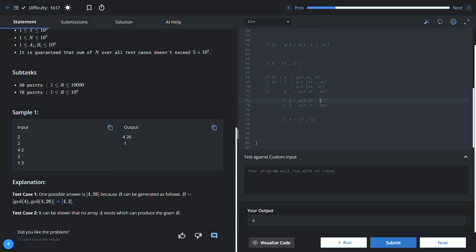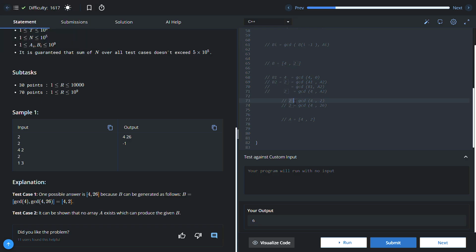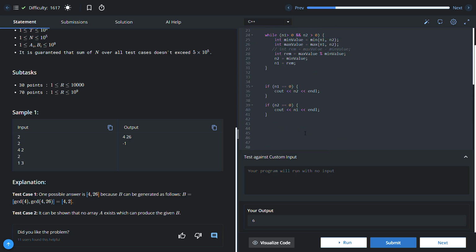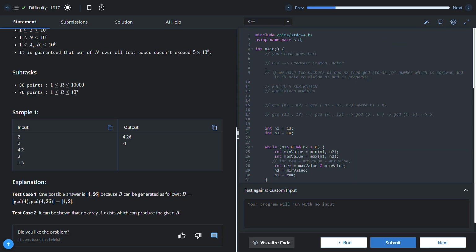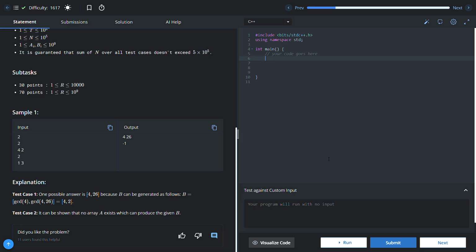So we can put here any number which is divisible by 2, so that if we find the GCD between that number and 4, we will get this 2 as an answer. Okay, so in code we have to rewrite like that. I can remove all this now.